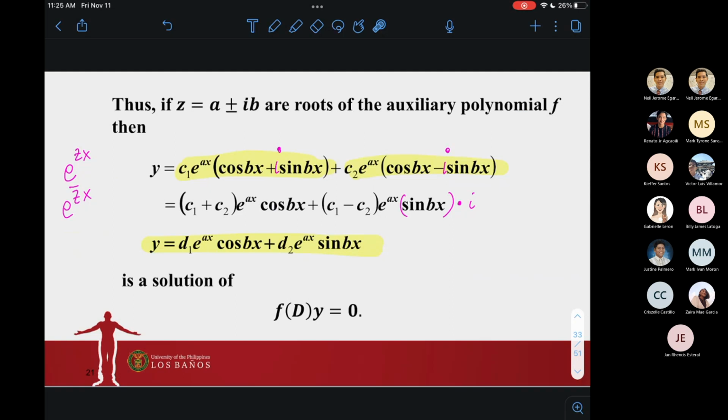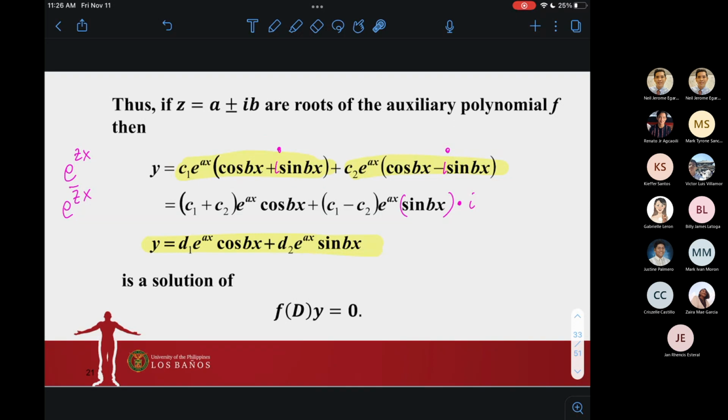Naabot naman natin yung kailangan niya para sa midterm exam. Which part, Victor? Yung pagsisimplify ba? Yes. Dun sa pagsisimplify, ang kailangan nyo lang gawin ay be patient with the expansion. So, meron ka nito, linear combination na yan, expand mo lang.